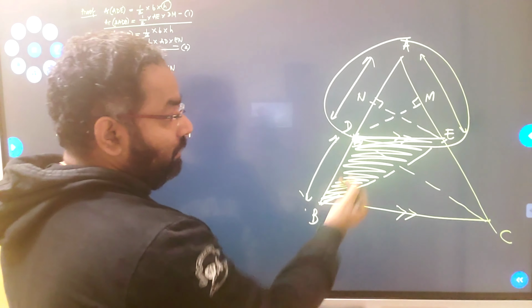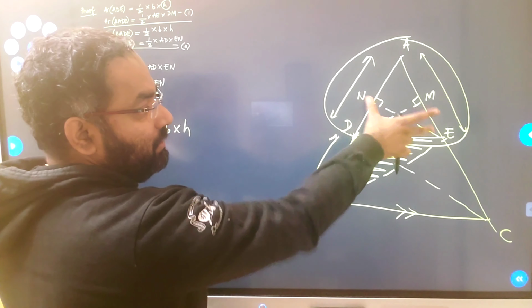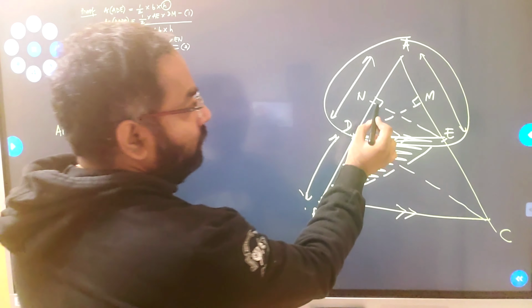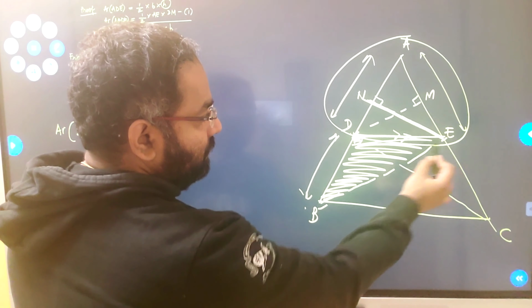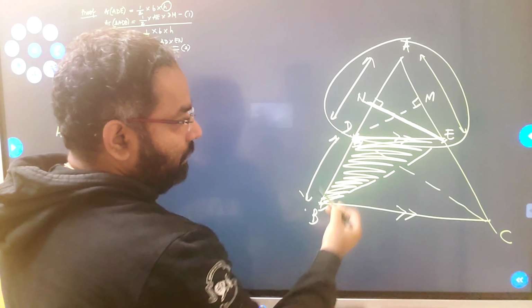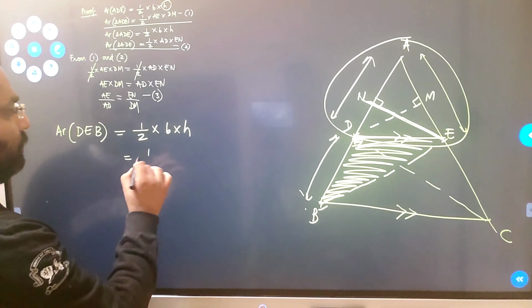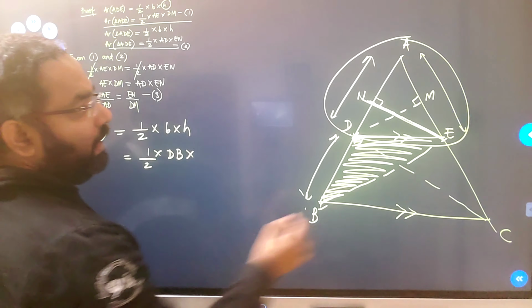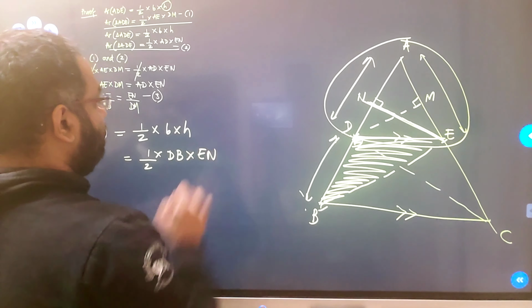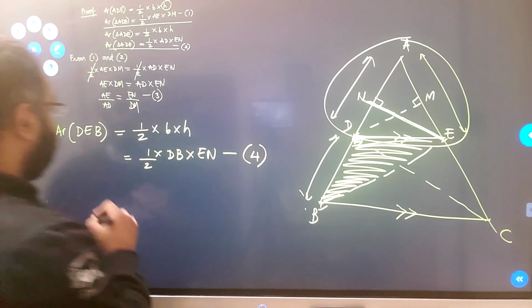So I'm going to consider my base to be DB and height to be EN. Let's call this equation 4.